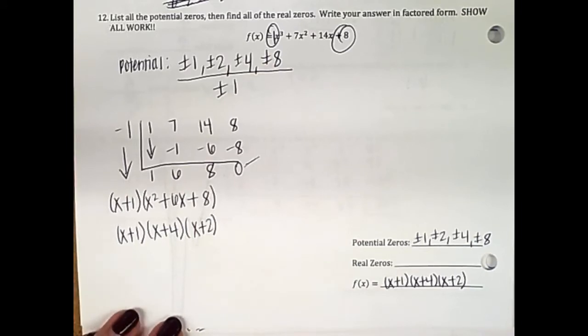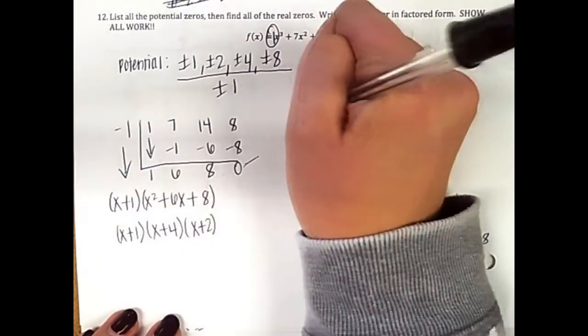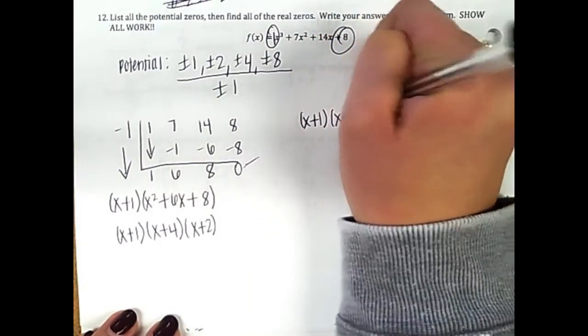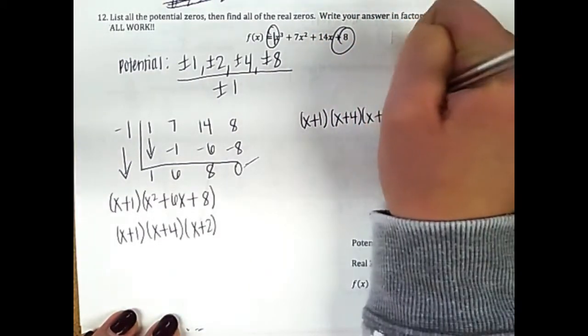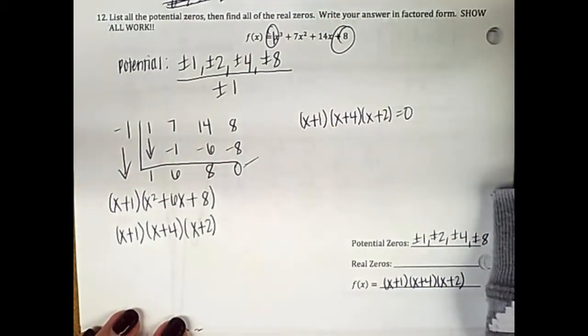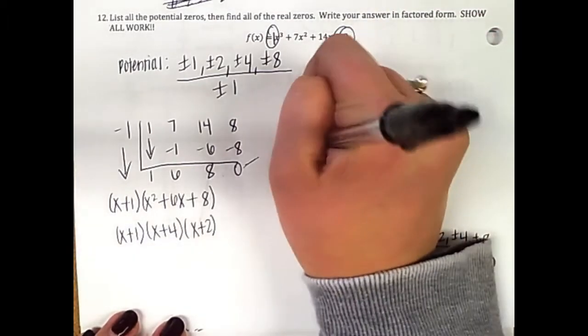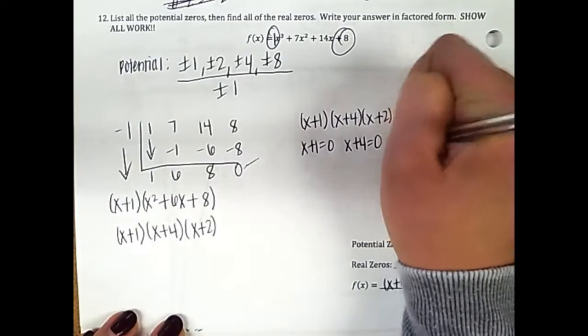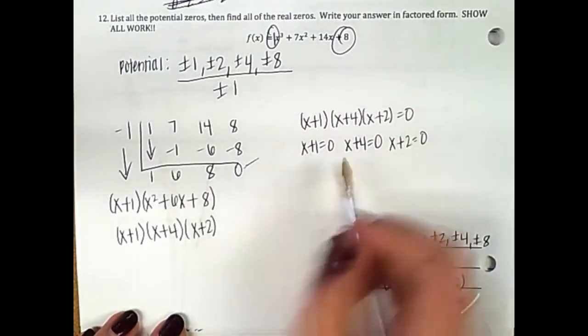Now to find our real zeros, that just means we're setting our whole function equal to 0. When our function's equal to 0 and we have all of our factors, we can just set all of our factors equal to 0. So x plus 1 equals 0.